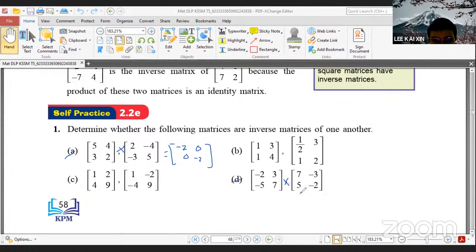So let us try this part, D. Later you will see a relation, how you form an inverse matrix, which I think most of you have learned.